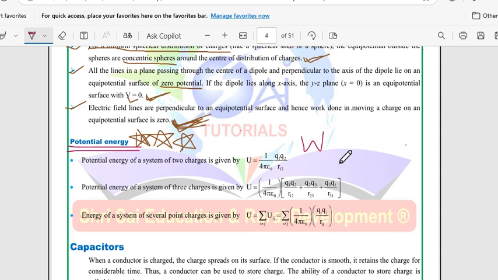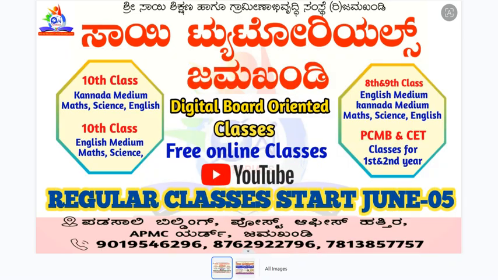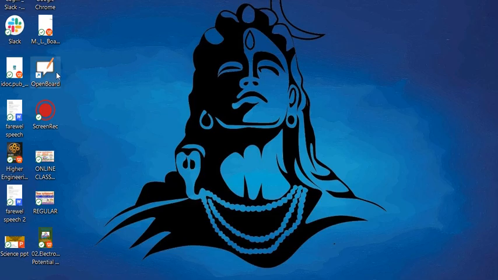These are also some important equations, so let us derive them one by one. Here we have considered a system of two charges. Let me derive it.